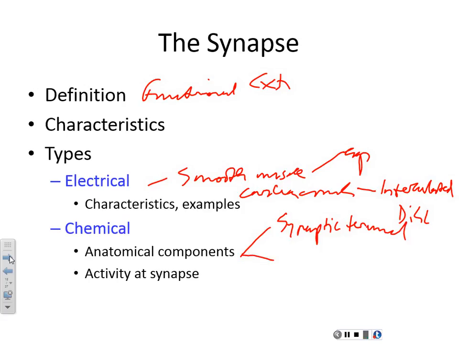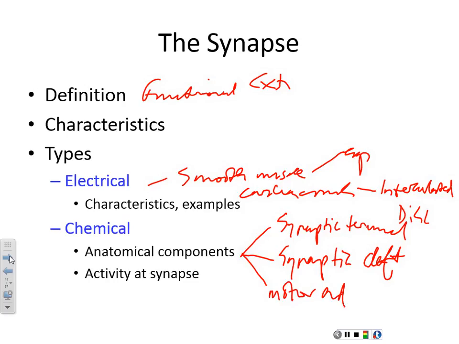Okay, after the synaptic terminal, then there's what? Let me look at the synaptic cleft. Okay, after the synaptic cleft is what? The motor end plate, right?